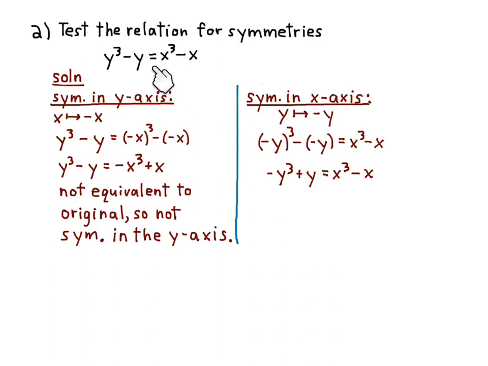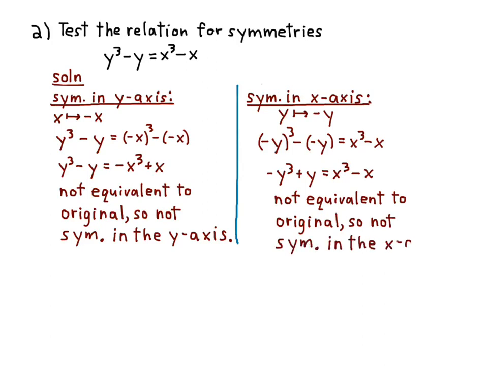So these are not equivalent. They don't have the same graph. And therefore, this original relation here is not symmetric in the x-axis. It fails the test there. So the equation is not equivalent to the original, so not symmetric in the x-axis.